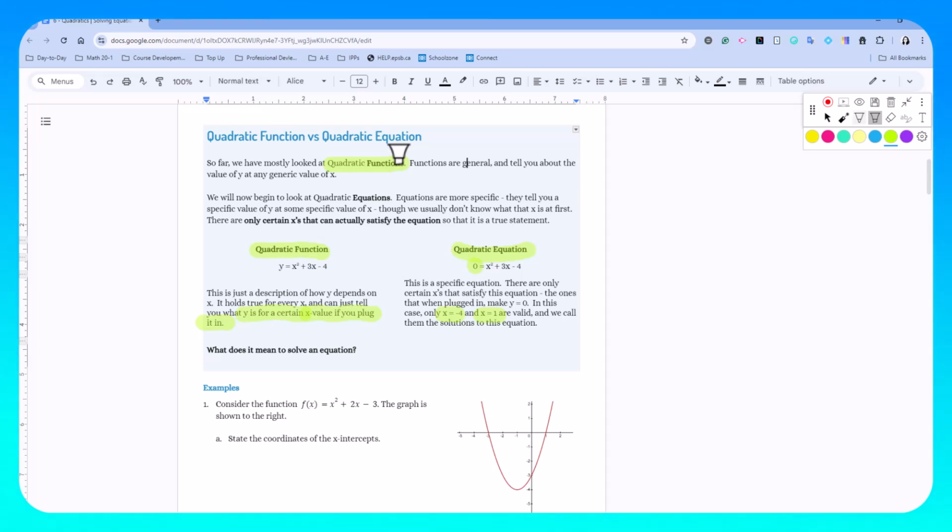And let's go ahead and show what we mean by valid. For instance, we know that the left-hand side of the equation is 0. And the right-hand side of the equation is x squared plus 3x minus 4, but we're going to substitute in that value of 1.